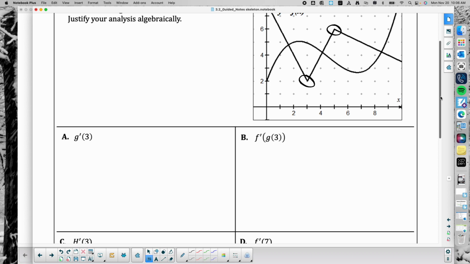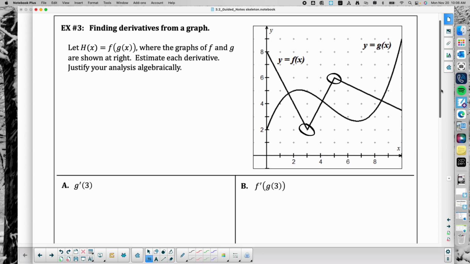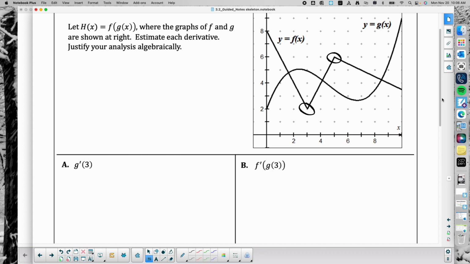Okay, G prime of 3, no, that one's just a single spot. Which one's G? Is that the curvy one? G is the curvy one, I believe. So at 3, I'm just gonna estimate the slope right there. It doesn't look like it's a 45, so I'm going to guess it's less than that, -1, -0.5. But now that we have a composite, this is where it's kind of weird.